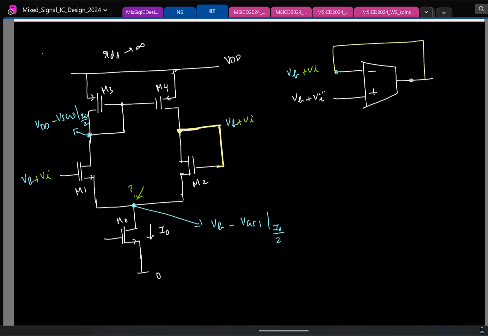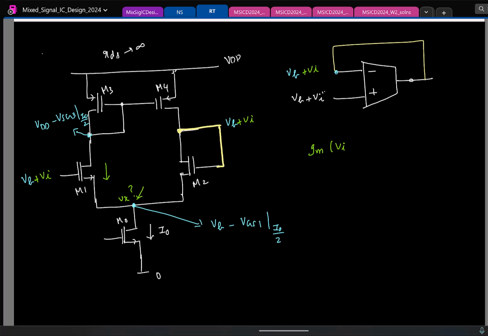Yeah, let's do the small signal thing. So I told that the RDS of all transistors is infinity. So what is the small signal current flowing here? RDS of this transistor is how much? Infinite. So what is the small signal current? 0. So the current here is 0. What is the current in this branch? If I call this as some Vx, what is the small signal current here?